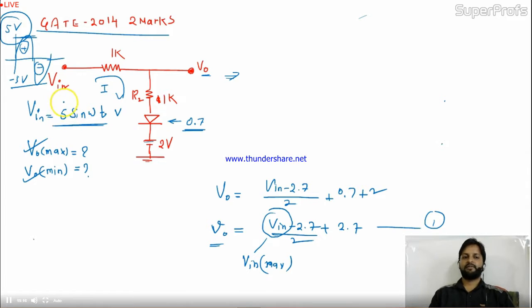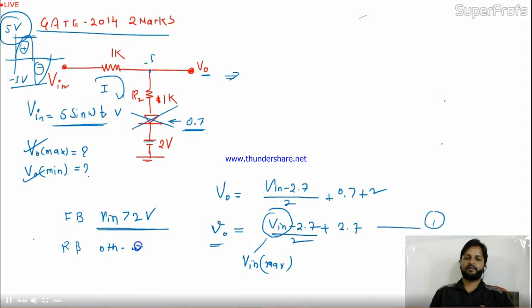If V in becomes -5, what will be the state of your diode? Your diode will not work. It will be in reverse bias. In the negative half cycle, it will be completely reverse bias. Your diode will be in forward bias only when V in is greater than 2 volt, and it will be reverse bias otherwise. This is your diode status.